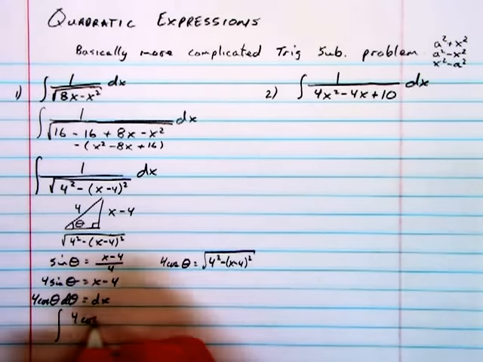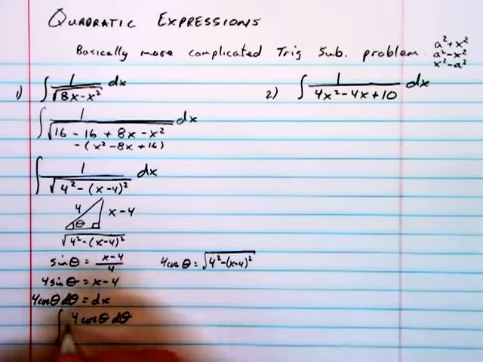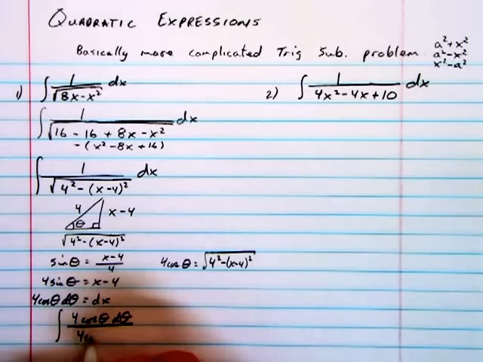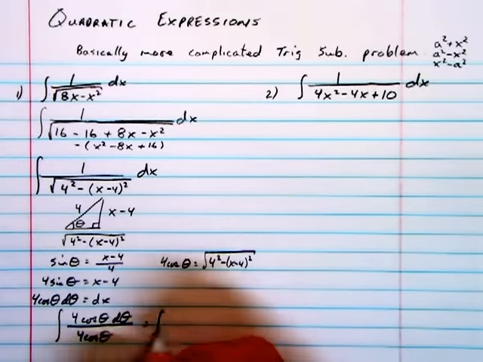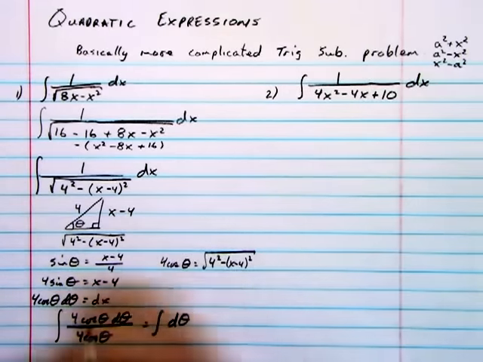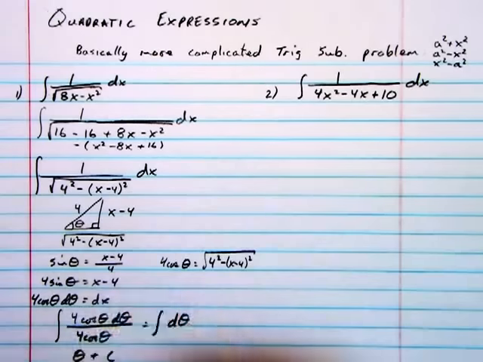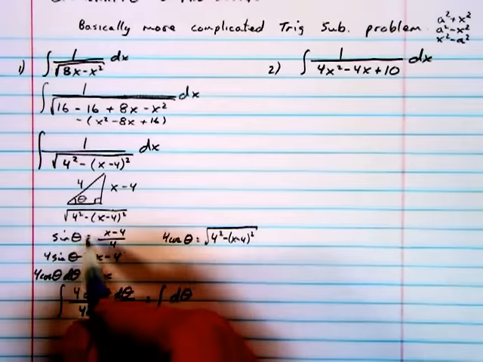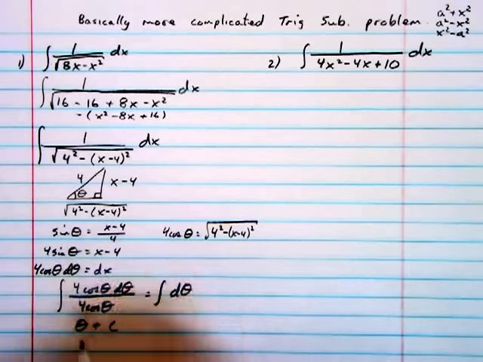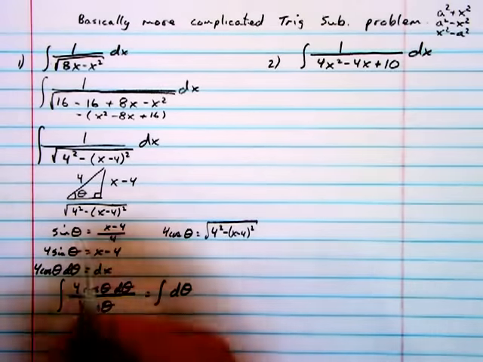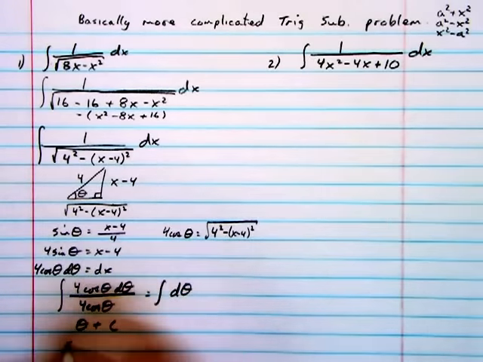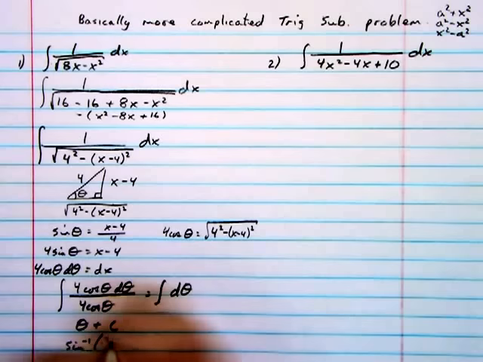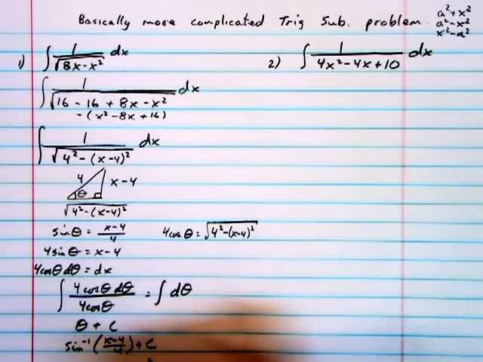The dx will be 4 cosine theta d theta divided by 4 cosine theta. So we have the integral of d theta, which is just theta plus c. What is theta? We have sine theta is x minus 4 over 4. So we have the inverse of that. It's the inverse sine of x minus 4 over 4 plus c.